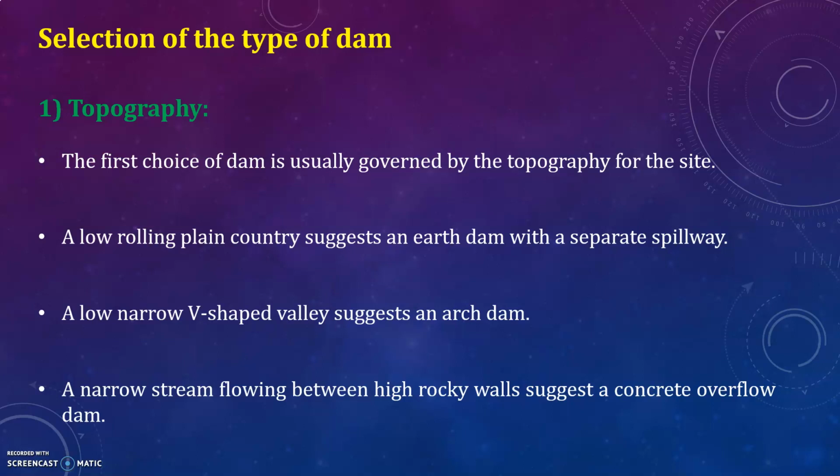A narrow stream flowing between high rocky walls would suggest a concrete overflow dam. For intermediate conditions, other factors such as foundation condition, location of suitable site for spillway, and availability of materials of construction play an important role in the selection of the type of dam.